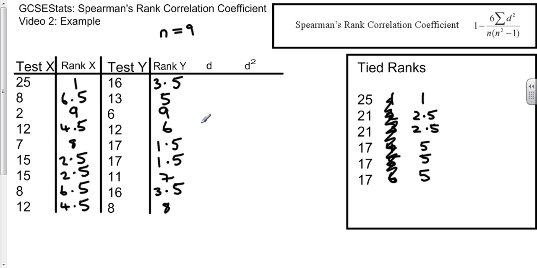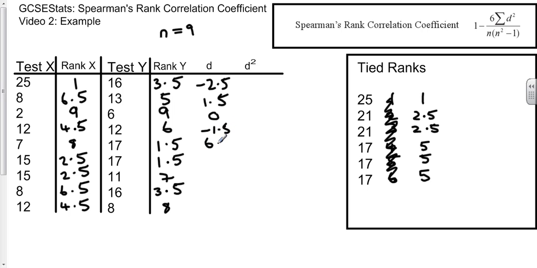Now, what we need to do now is work out the difference between the ranks. Obviously, if the ranks have no difference between them, then we're going to get a very high level of correlation. What we always do is take the first rank and take away the second one. So we have minus 2.5, 1.5, 0. This one's minus 1.5.